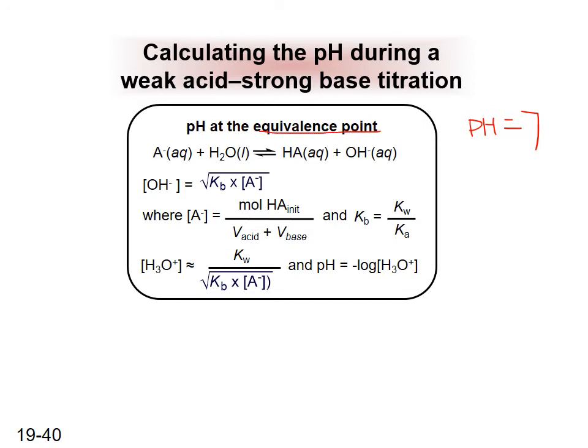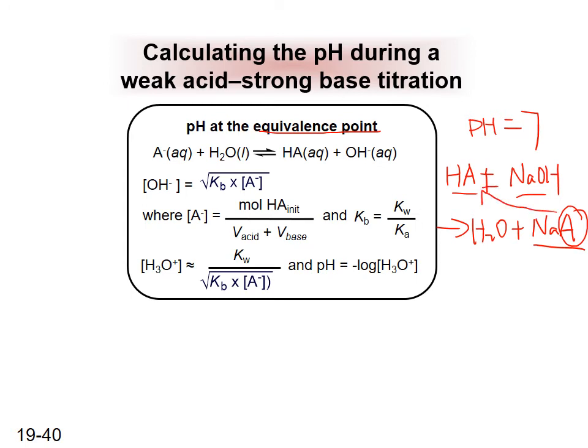This is because when you have the same amount of acid and sodium hydroxide at the equivalence point, they give you water plus the sodium salt. And this salt is not neutral because the anion comes from a weak acid, so you expect the salt to be basic.